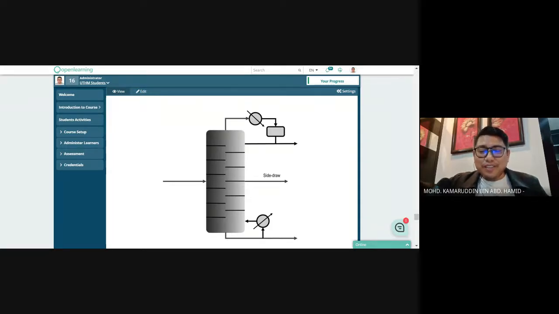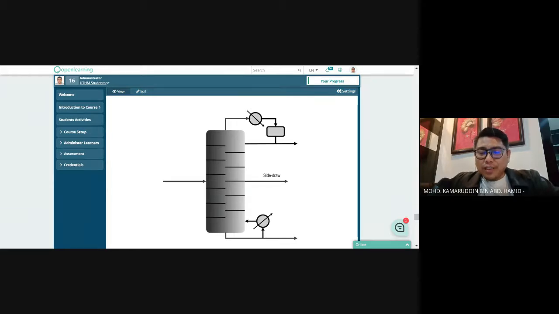Equilibrium separation? No, sorry. Complex distillation column? This is not complex. If you want to see a complex distillation column, there are more complex ones. Continuous distillation column? Without a side draw, we also call it continuous. Fractional distillation? Not really. Fractional is just the way you recover your product.